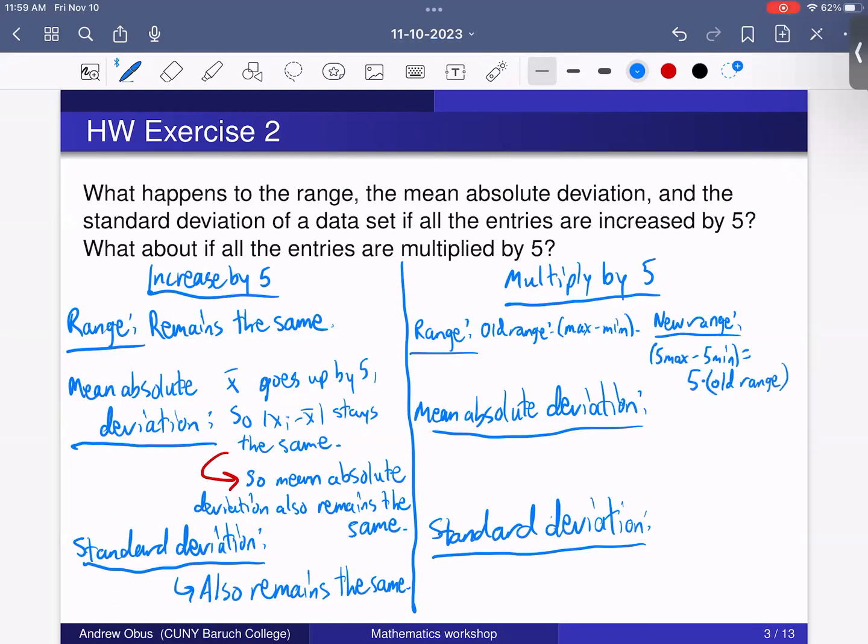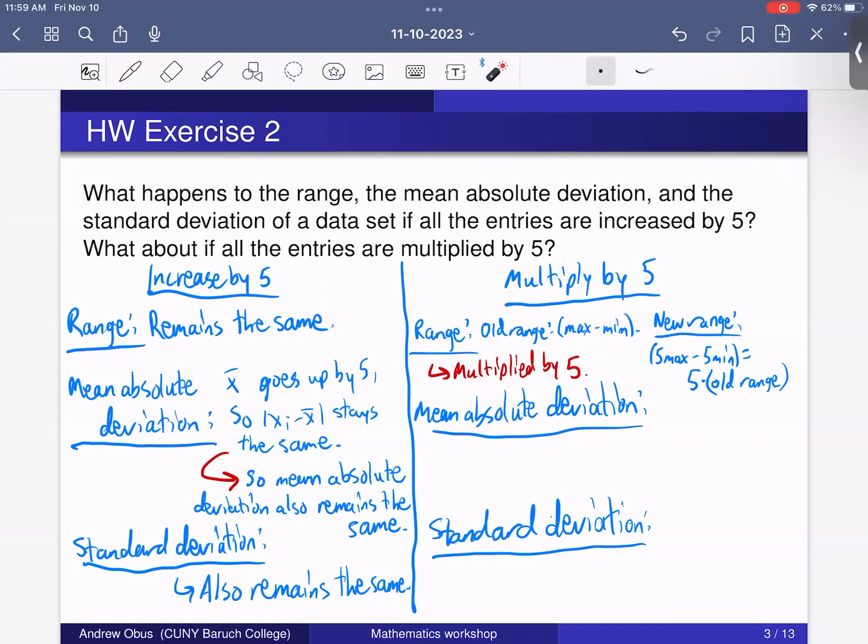Okay, so what happens with the range is that it gets multiplied by 5. So if you multiply all of the entries by 5, then the range also gets multiplied by 5. So that's what happens with the range.